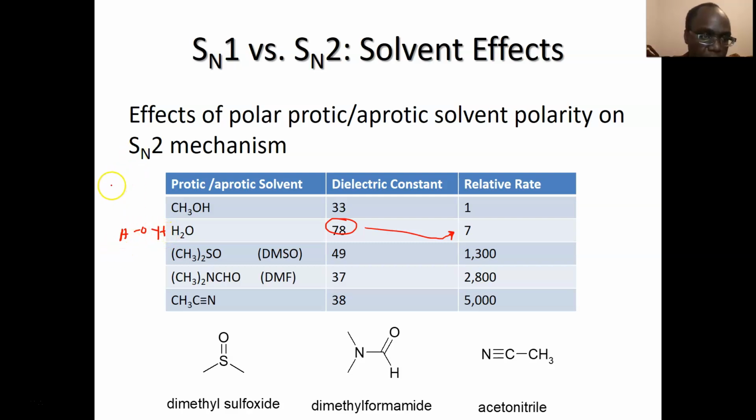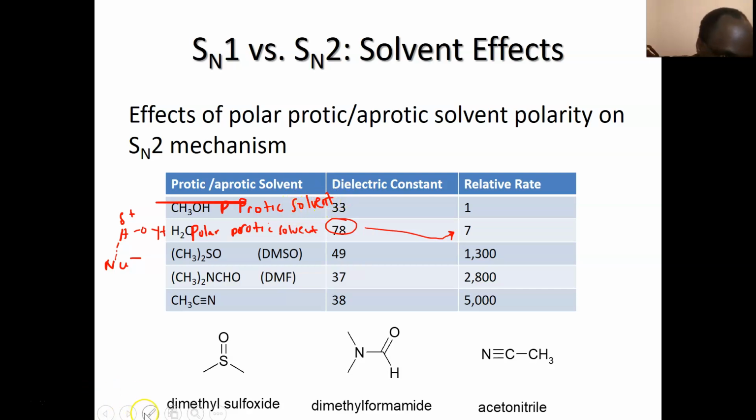SN2 usually uses negatively charged nucleophiles, which will be trapped again by the solvent. You do not want polar protic solvents for SN2. Even this one is a polar protic solvent.